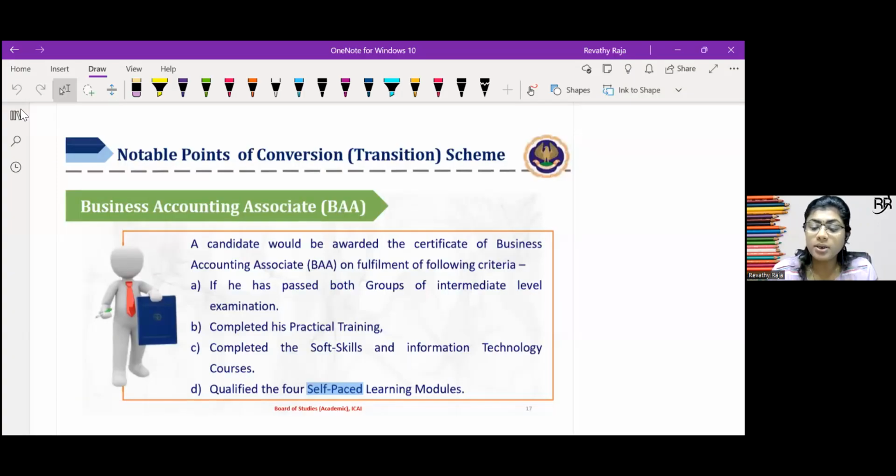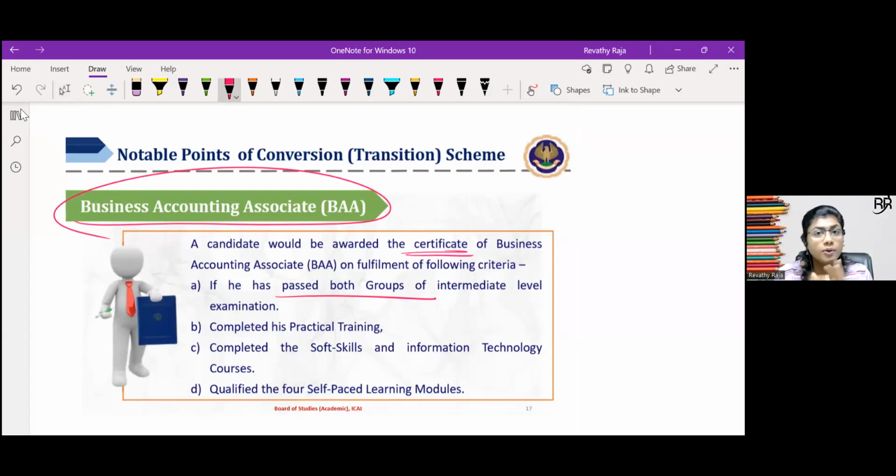Students, to wind up, there is something which ICAI has introduced, which is called BAA, Business Accounting Associate. Now, this is not mandatory, but if you wish to get this BAA, what are the conditions? A candidate, a student shall be awarded the BAA. It's a certificate issued by ICAI. A candidate would be awarded the certificate of BAA on fulfillment of the following criteria. One, should have passed the intermediate exam, both the groups.